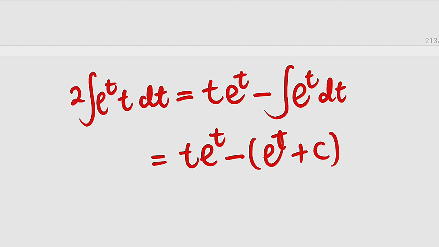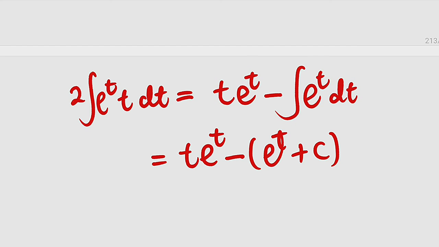But remember that you have to multiply by 2 because we have 2 here, sorry. So everything to the left hand side will have to be multiplied by 2. So we have 2 times the whole of this. And you have to also multiply this by 2.